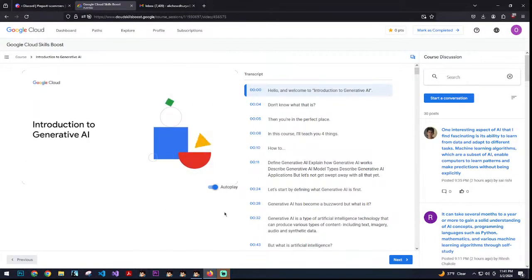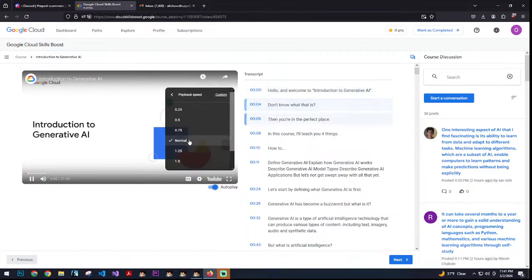Introduction to Generative AI. Don't know what that is? Then you're in the perfect place.